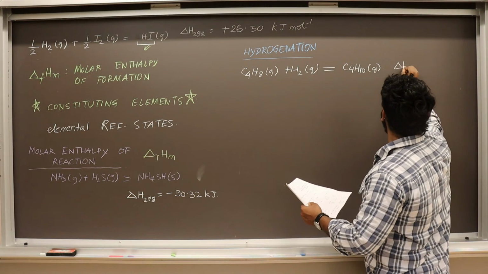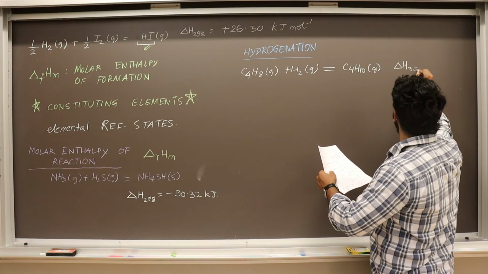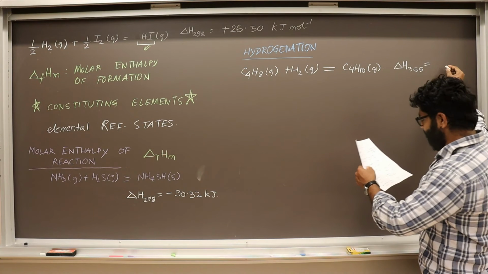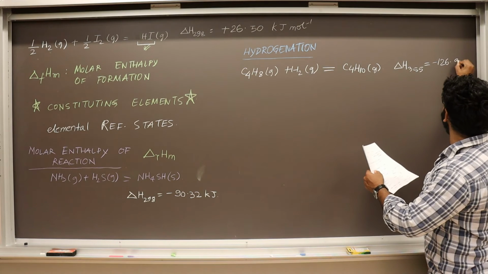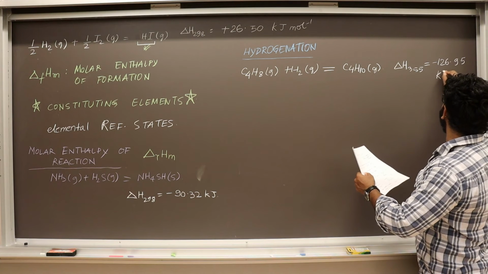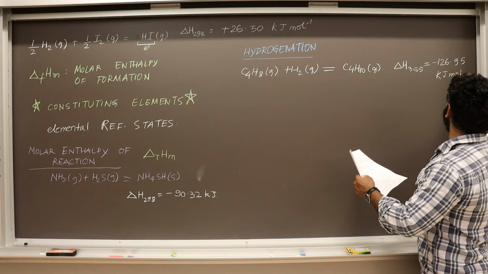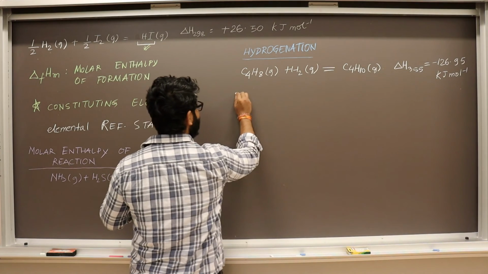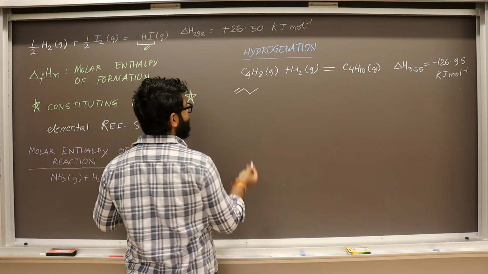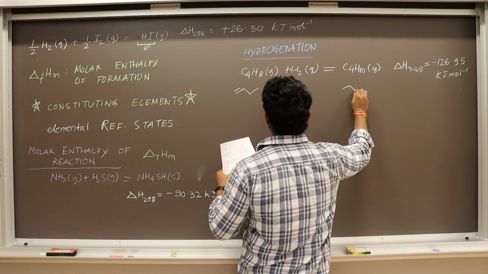The delta H of the reaction at 355 Kelvin is given as 126.95 kilojoules per mole. So this is 1 butene, something like this, and this is becoming this.